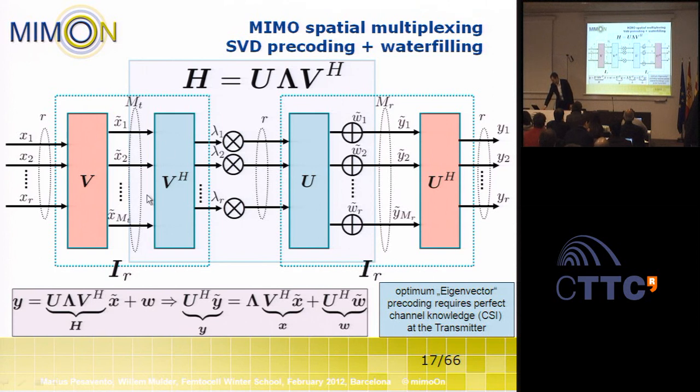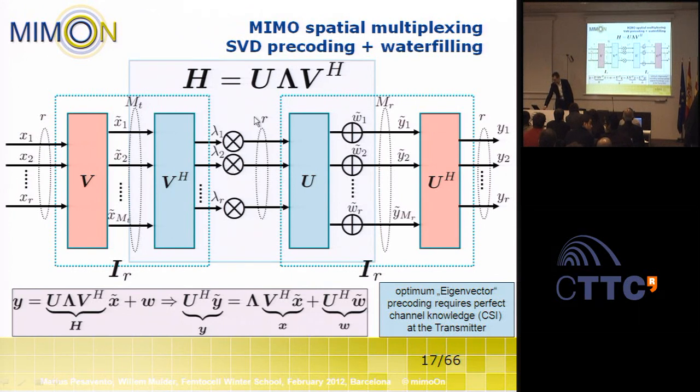In fact, from textbooks we know that the optimal strategy is to perform precoding, which is a linear transformation with the right singular vectors of the channel matrix H, and at the receiver we should make a post-processing step, basically a receive beamforming based on the left singular vectors.